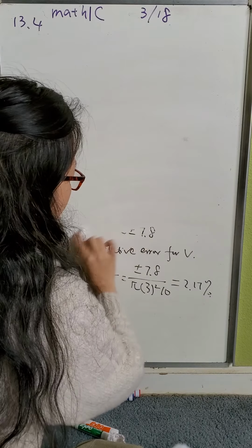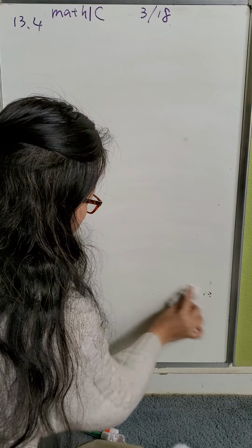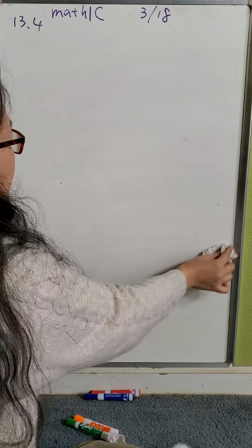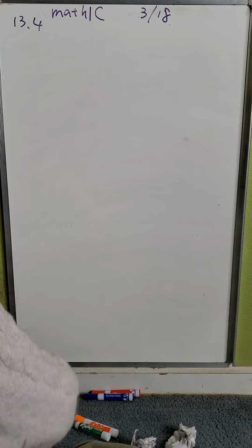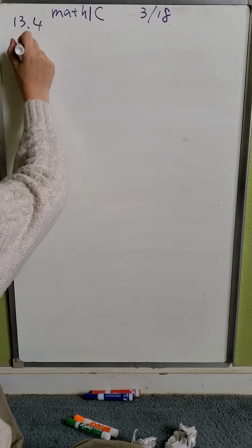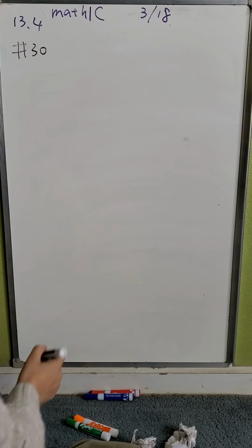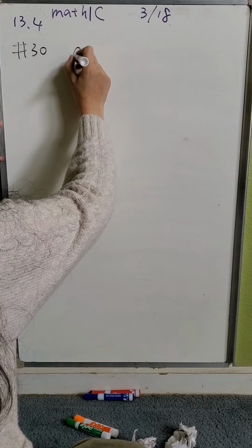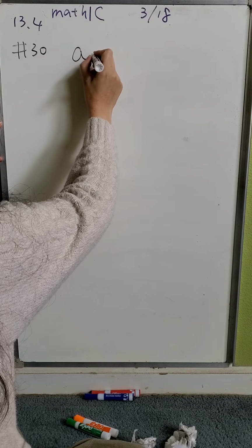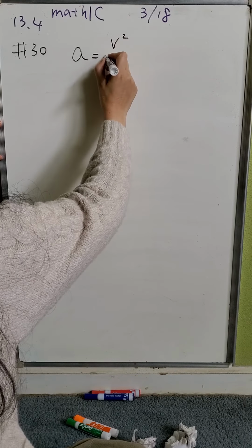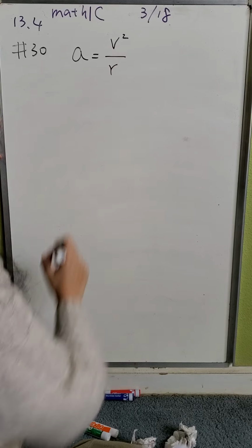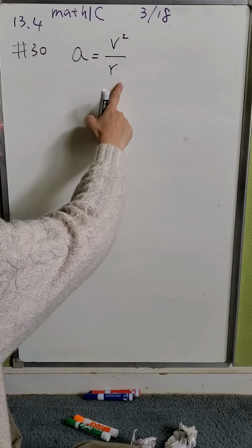And that's the point number 30. They said there's an acceleration. This acceleration, okay, is proportional to the v squared over the radius, okay. So here's the formula for it.